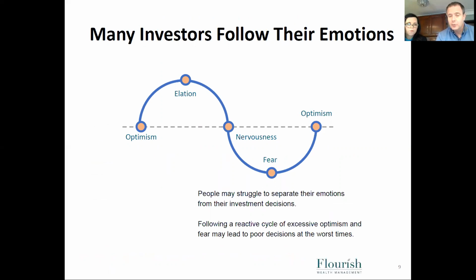Stocks have now gotten below what our target allocation is, and so we end up selling bonds, which are high, to buy stocks, which are low. So if somebody, for example, was a 60-40 target investor, maybe right now they're closer to 45% stocks, we would sell 5% bonds and buy those stocks to bring them back up to that 60% target.